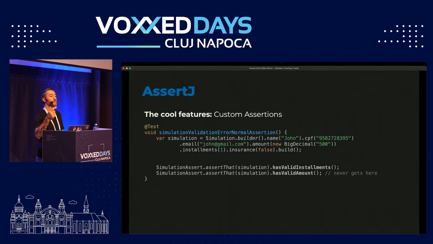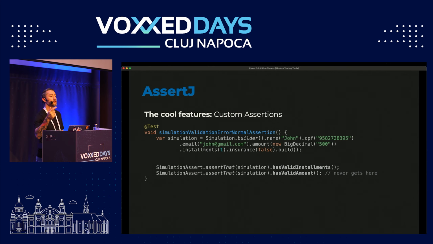How can we do this? Let's find the code. It's something from AssertJ. I need to create an assert class and extend the AbstractAssert from AssertJ.